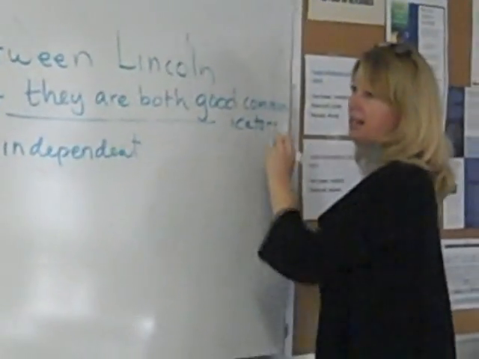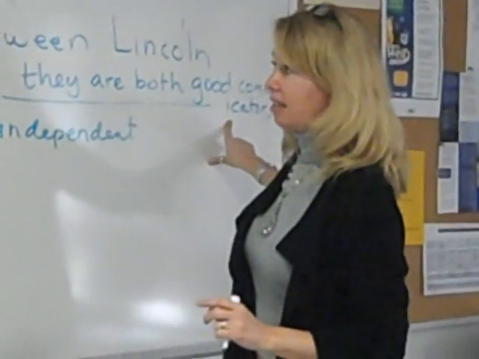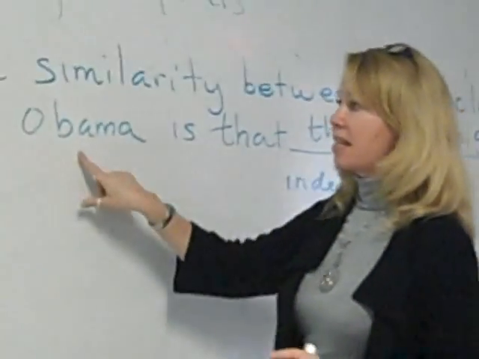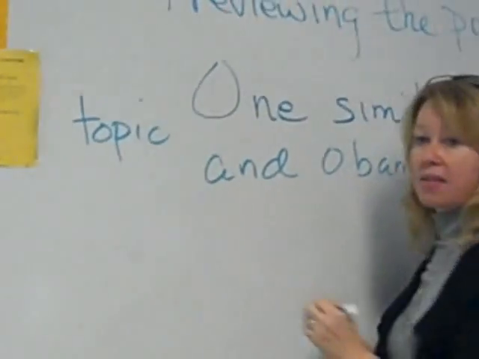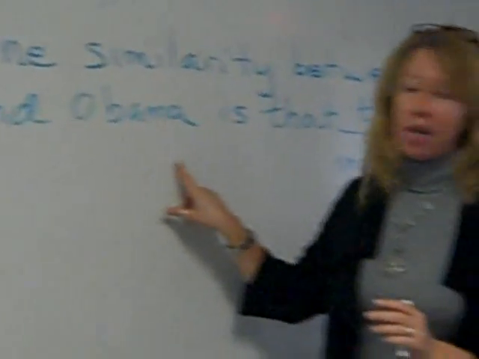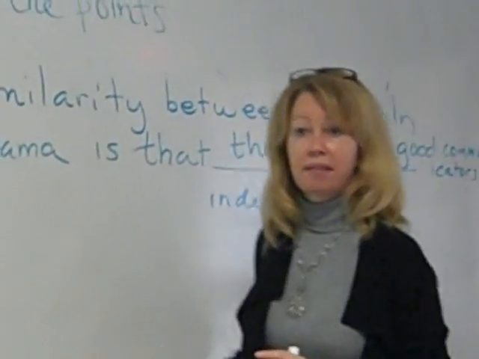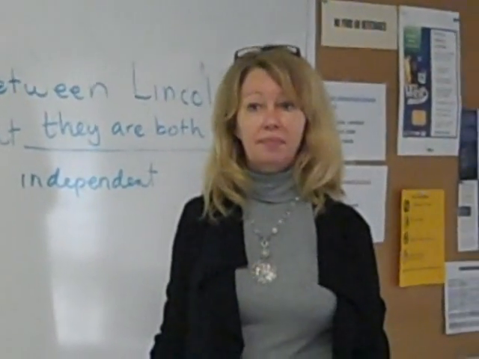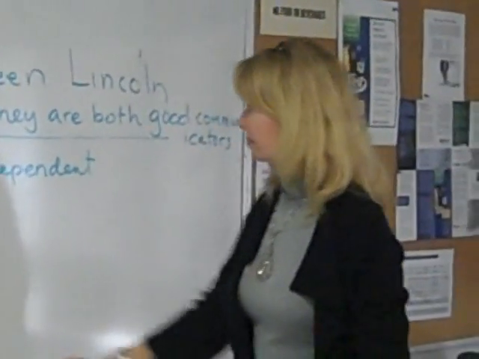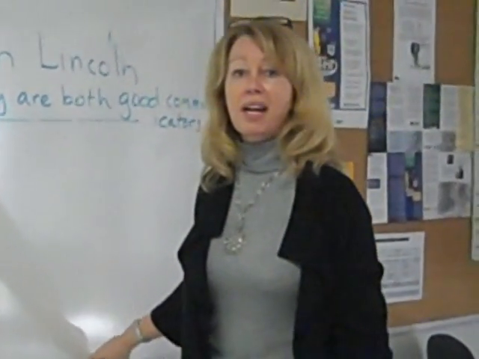Sorry, I ran out of room here. So this has to be an independent clause. This is the topic sentence, right? So everything in this body paragraph is going to be about what? The similarities in what area?